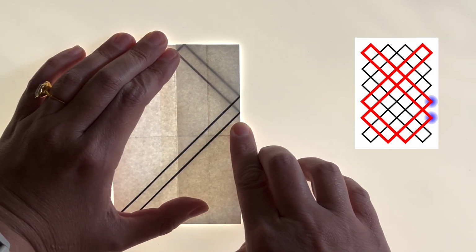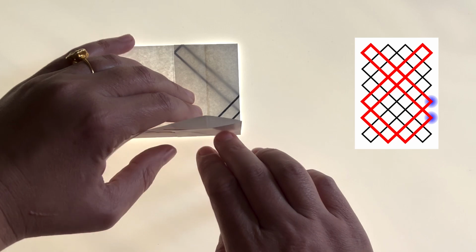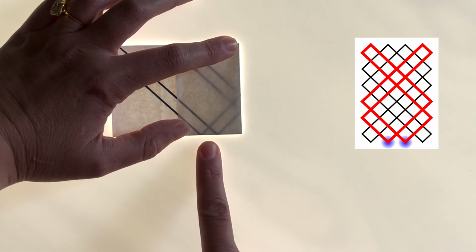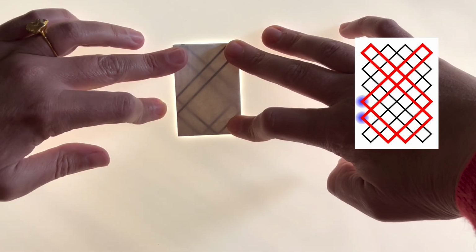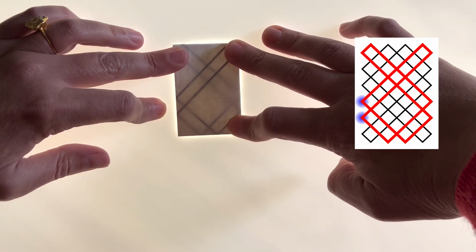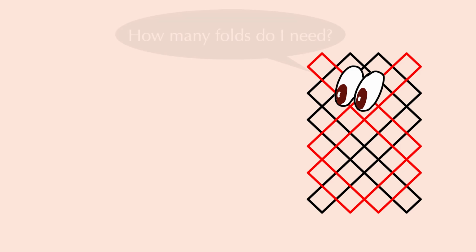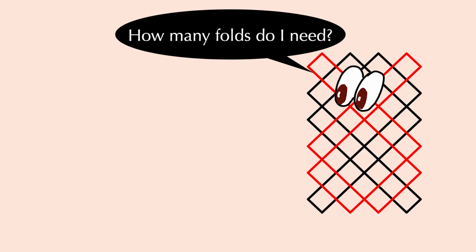Here, here, and here. Now the question becomes, how many folds do I have to do before I can have a closed loop?